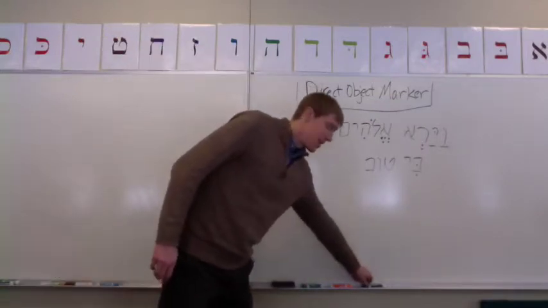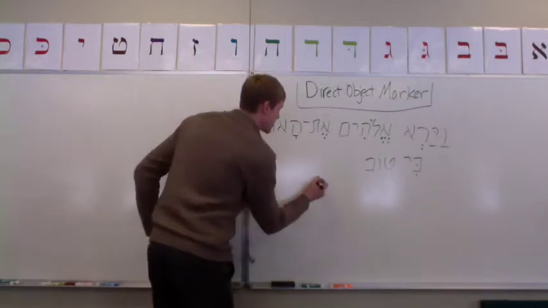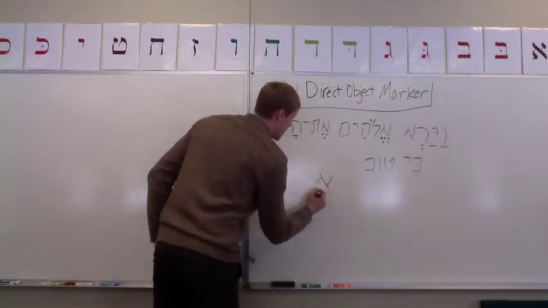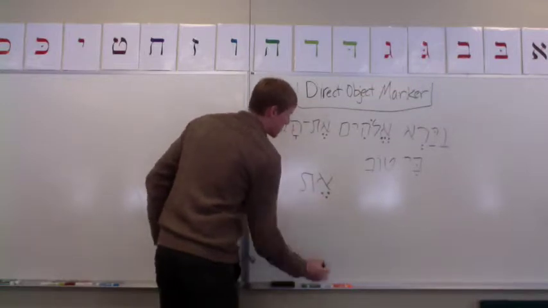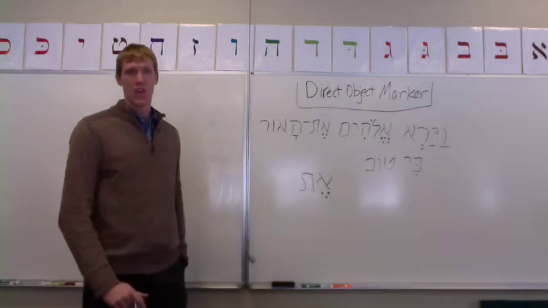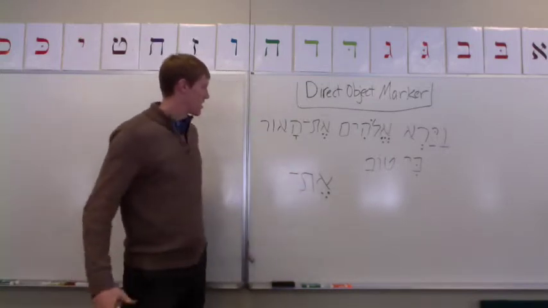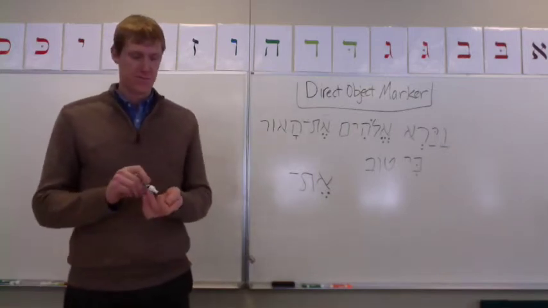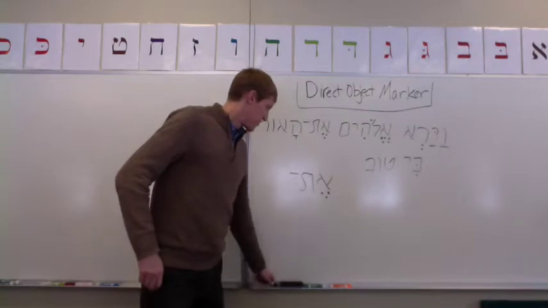The marker is the word et, which is aleph, tav, and it usually has a segol, et, and it will often have one of the dashes. I think it's called a makef, but I don't remember exactly.